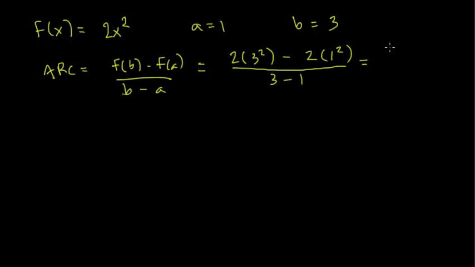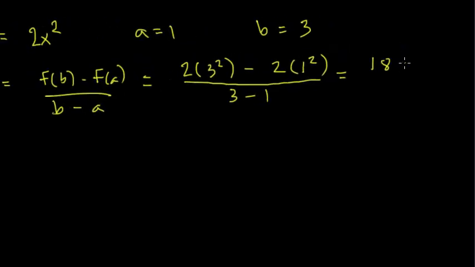Now if I work that out, that first number becomes an 18, the second number is 2, and I divide that difference by 2, and so I get 16 over 2, or 8. So the average rate of change between the point that has an x-coordinate of 1 and the point that has an x-coordinate of 3 is 8.